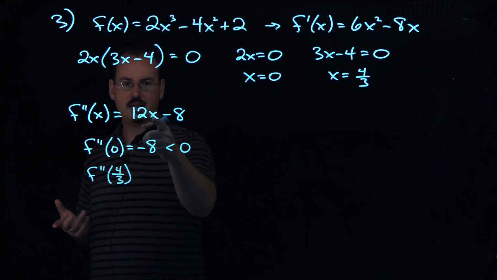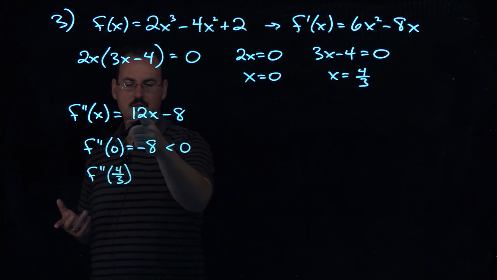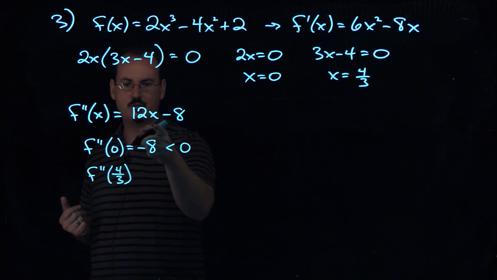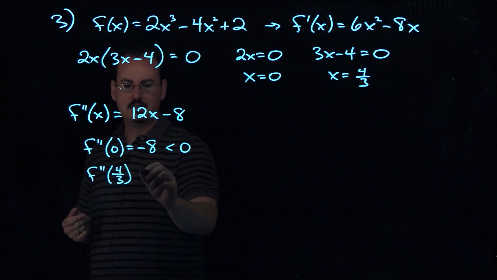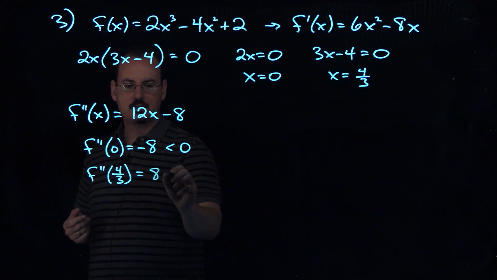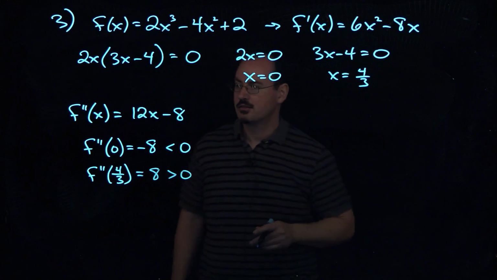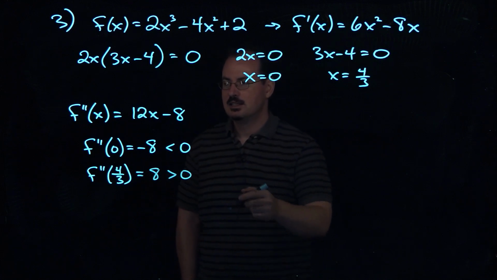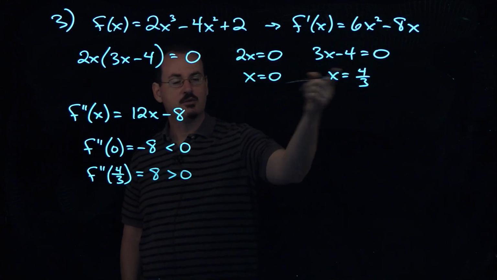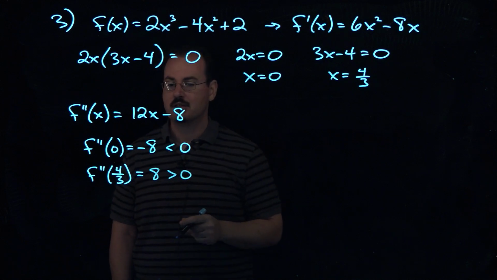If I plug 4/3 in there, the 12 will be divided by the 3. I'll get 4 times 4 is 16, minus 8 is 8. So that's greater than 0. Okay, this is really all that matters when we're talking about the second derivative test: what sign do these critical numbers have when we plug them into the second derivative.